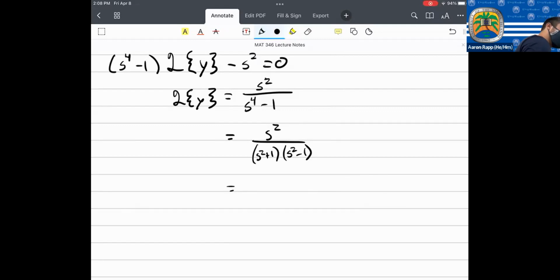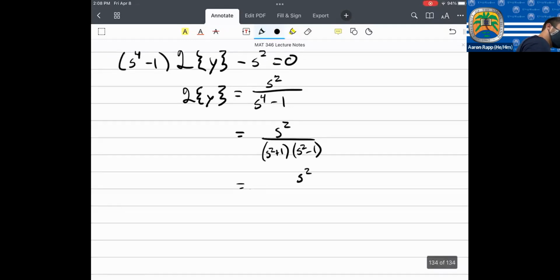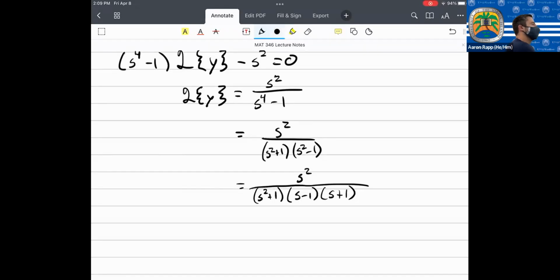So really what I have is an s squared divided by s squared plus 1 times an s minus 1 and an s plus 1. And if I'm getting really familiar with my Laplace transforms, if I get a denominator of s minus 1 or s plus 1, as long as I have a constant of 1 up in the numerator, those are going to be the outcomes from those exponential functions.